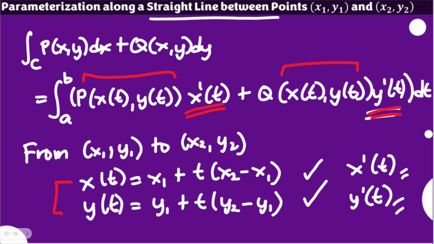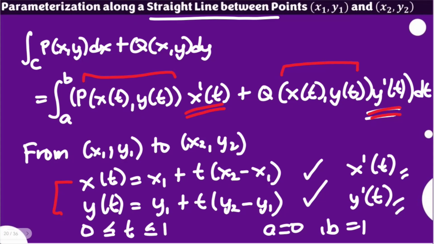Now, take note here that this is a straight line. Similar to the complex line integral, we are guaranteed that for a straight line, a and b will actually be 0 and 1 because t is between 0 and 1.